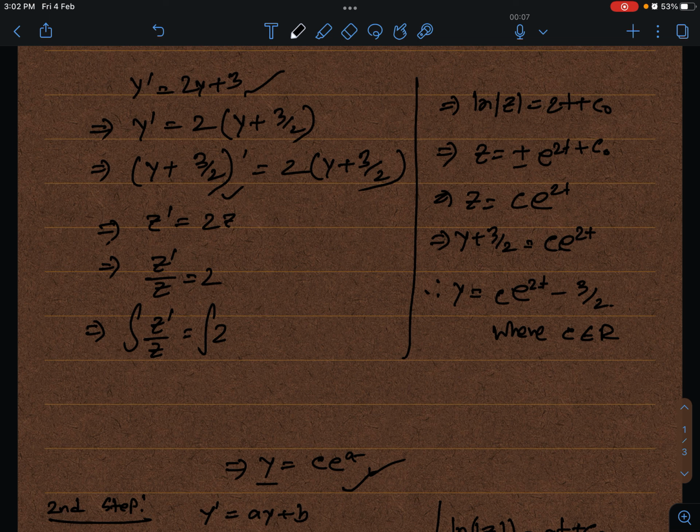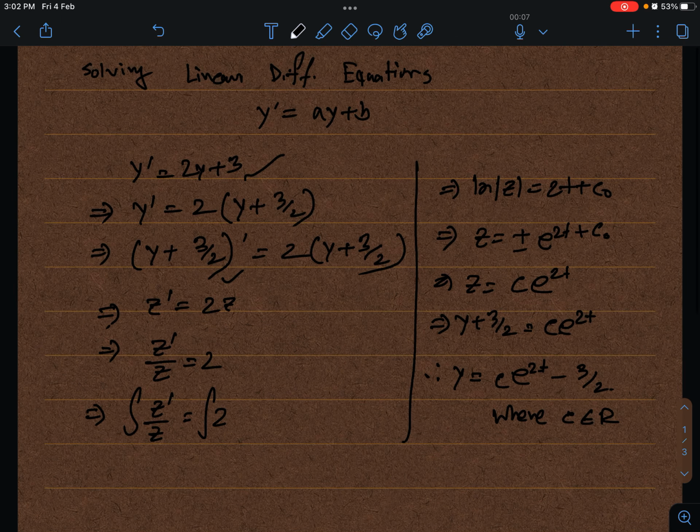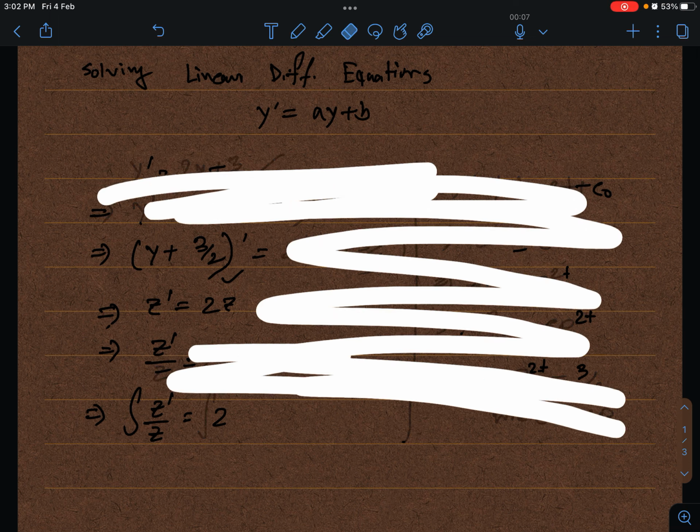However, there is a way to solve linear equations with both constant and variable coefficients, and that particular method is named the integrating factor method. So how do we utilize that method? Let's see.